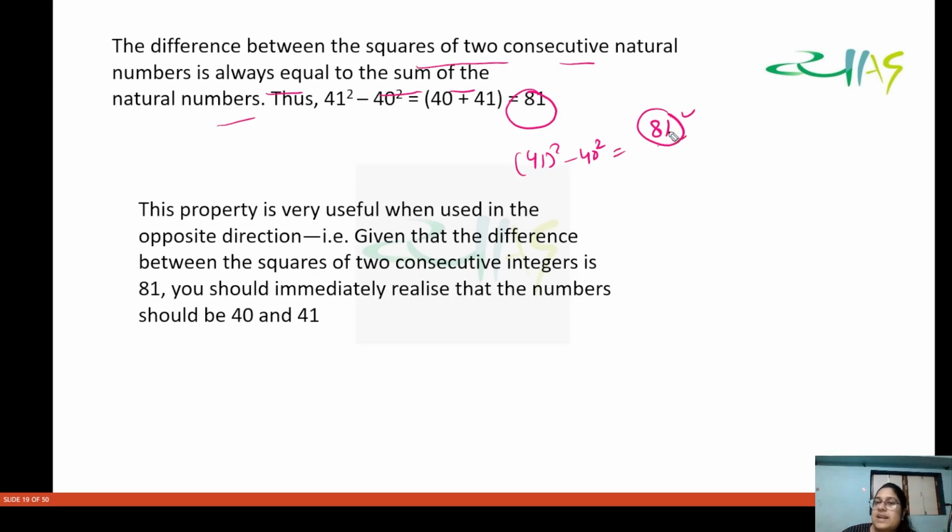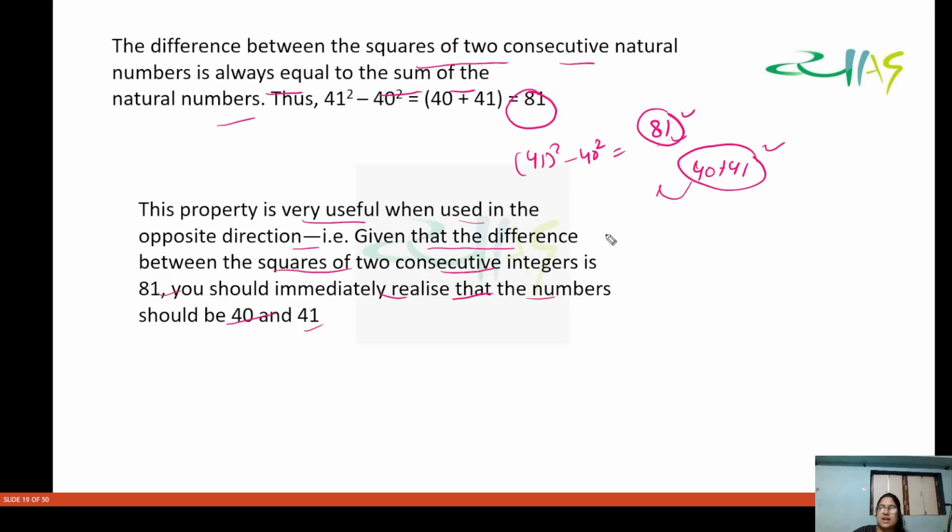Definitely we know, what is 81? 40 plus 41. Then obviously now you know which numbers' squares they are talking about. Now see, this property is useful when used in the opposite direction. That is, given that the difference between the squares of two consecutive numbers is 81, you should immediately realize that the numbers are 40 and 41.